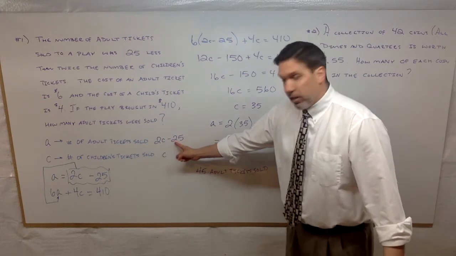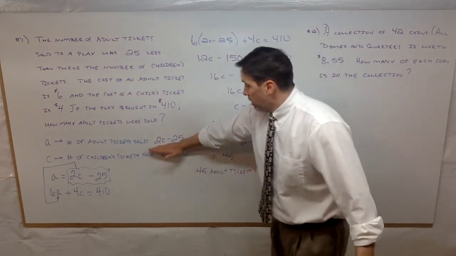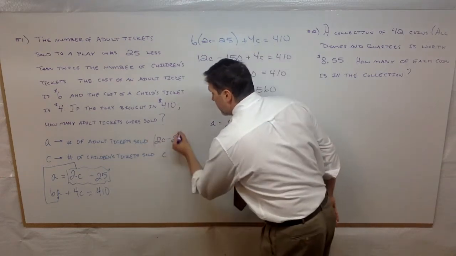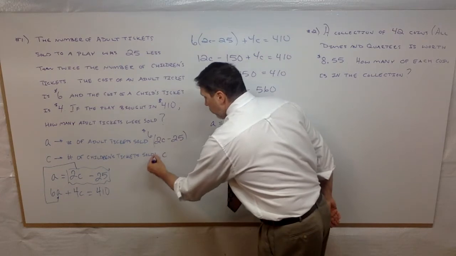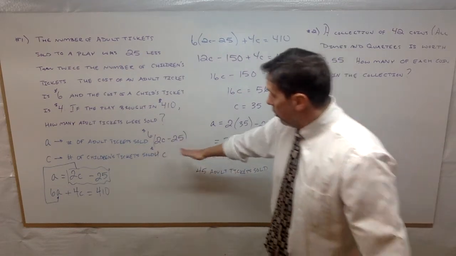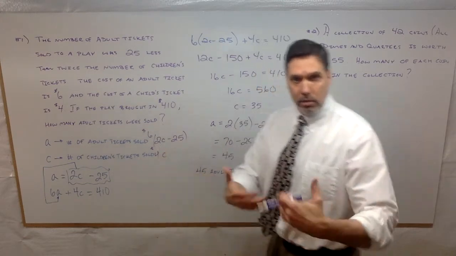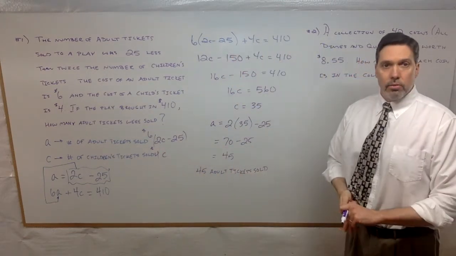And then you would go to the total amount of money brought in. We'd multiply this guy by $6 a ticket. We would multiply this guy by $4 a ticket, because these are representing how many tickets were sold, multiplied by its value, and now you're talking about the value brought in, and you're going to get exactly this equation, which is what we got.